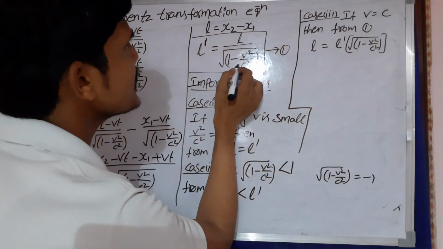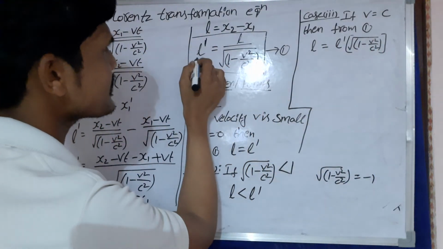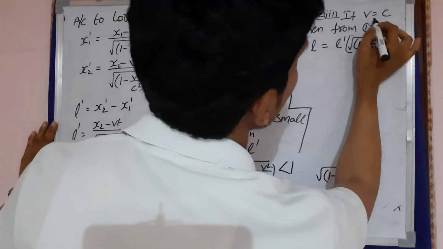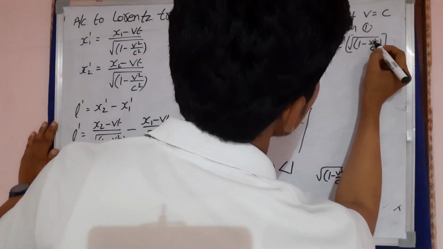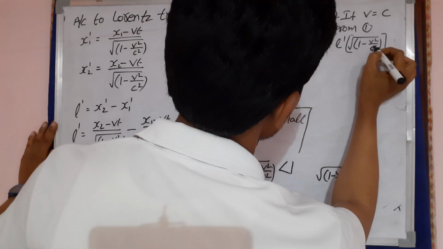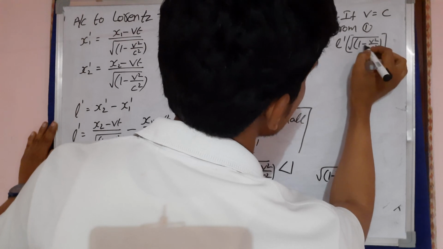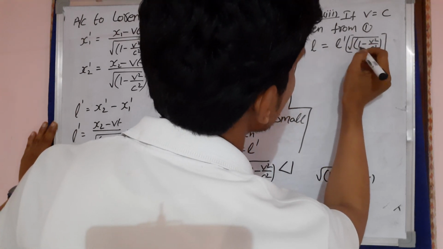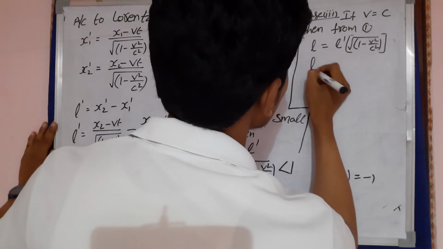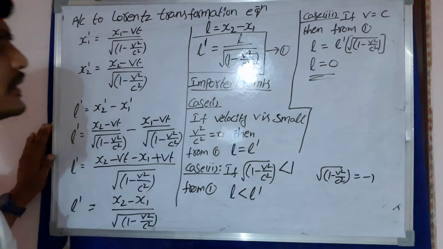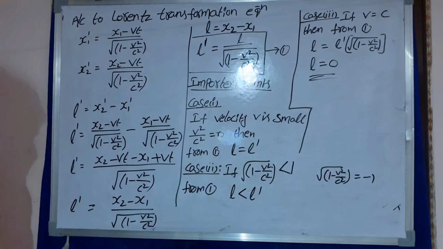The division on the right side goes to the left side as multiplication. So v equals c, that means c square by c square is 1. 1 minus 1 is 0, root 0 means 0, L dash into 0 means 0, so L equals 0. These are the three important points of length contraction.